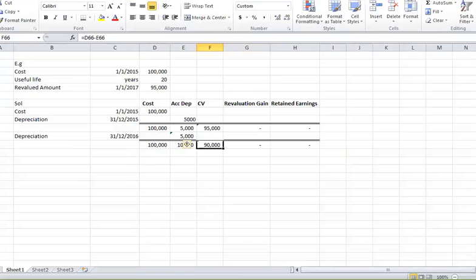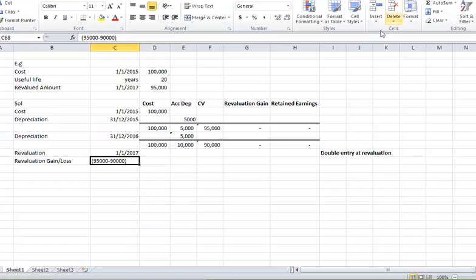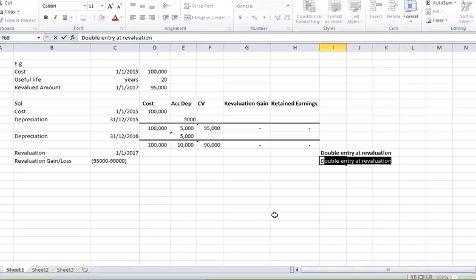So you can see there is increase in value of an asset by £5,000. So this is called revaluation gain. So what would be the double entry? Students, debit.